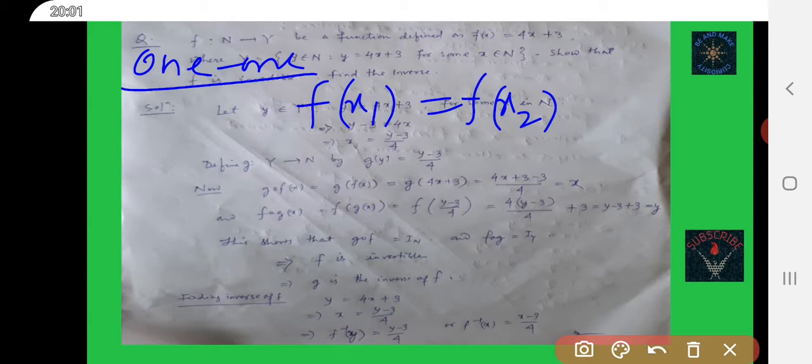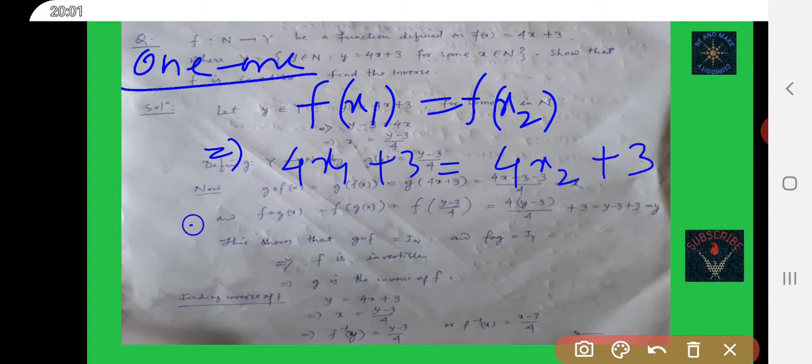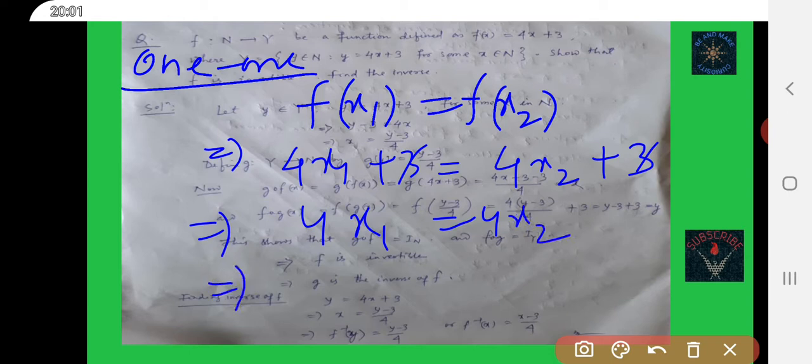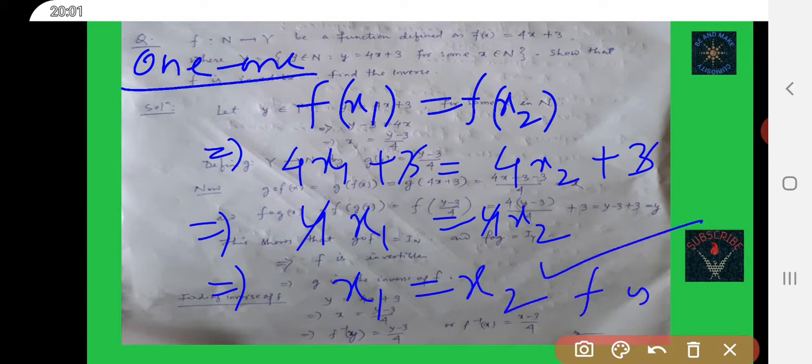So here f of x1, you can write 4x1 plus 3, equals 4x2 plus 3. Now take this, 3 cancels, then we get 4x1 equal to 4x2, then this 4 cancels, then you get x1 is equal to x2. Yes, this f is 1-1.